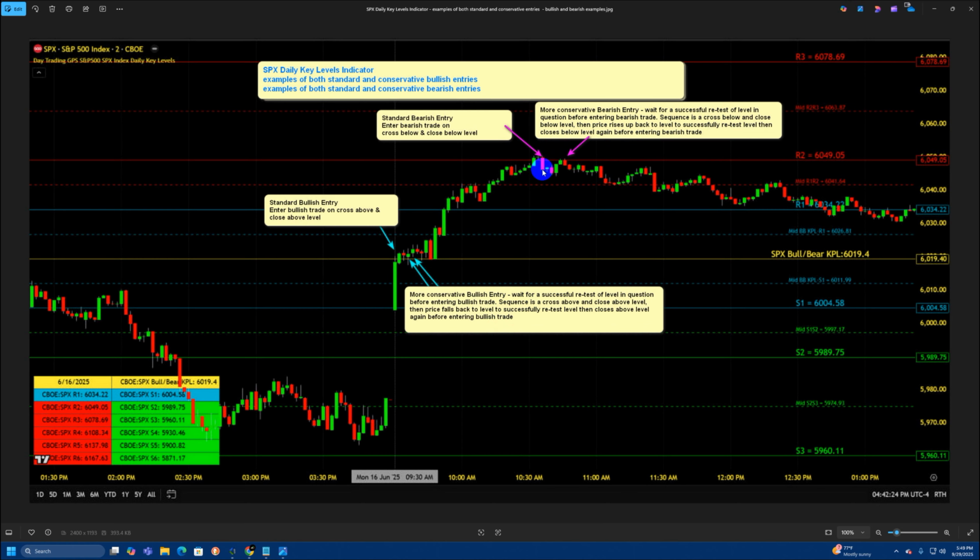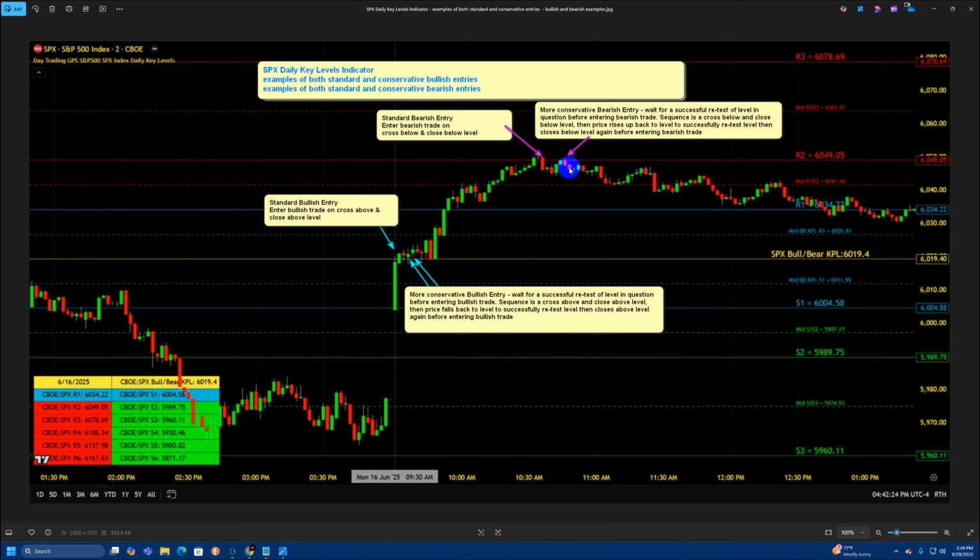Then price rises back up to test the level in question and then closes below that level again. That's a successful retest of the level. So this is where you would enter on a successful retest.